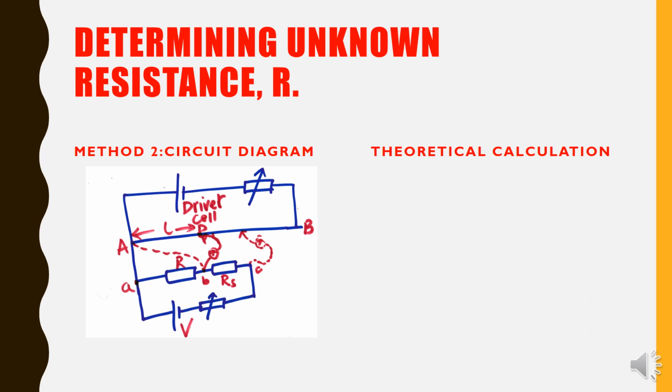So the new balance length is equivalent to the PD across resistor RS, which we can call IRS is equal to KLS. So dividing the two equations, we'll be able to get the resistance of the resistor R, and it will therefore be equal to R is equal to L over LS times RS. That is how we determine the resistance of a resistor.